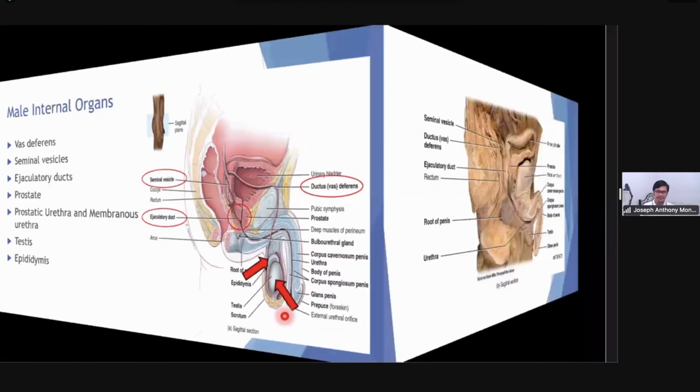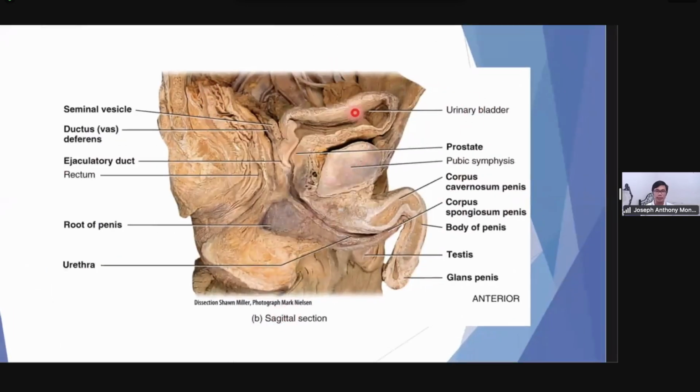In detail, this is a picture showing the cadaveric specimen of a male. So you can see here, you may be confused because most of the structures are already dehydrated, because of course it's for preservation.